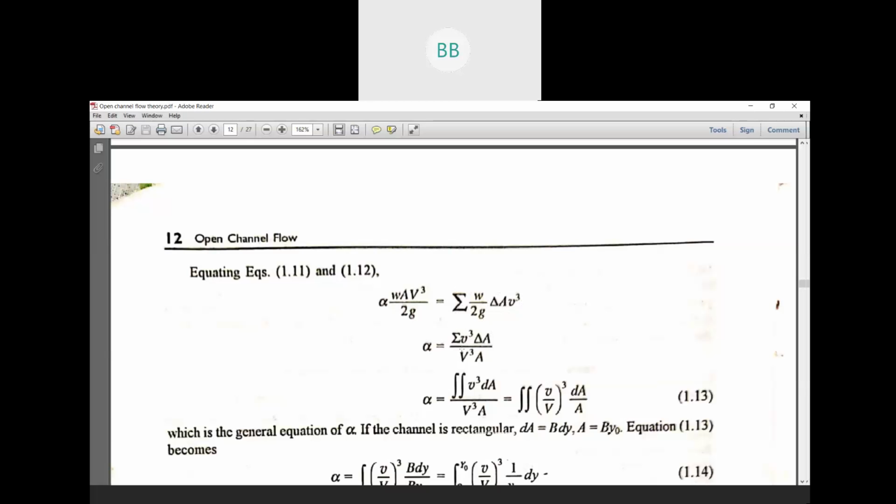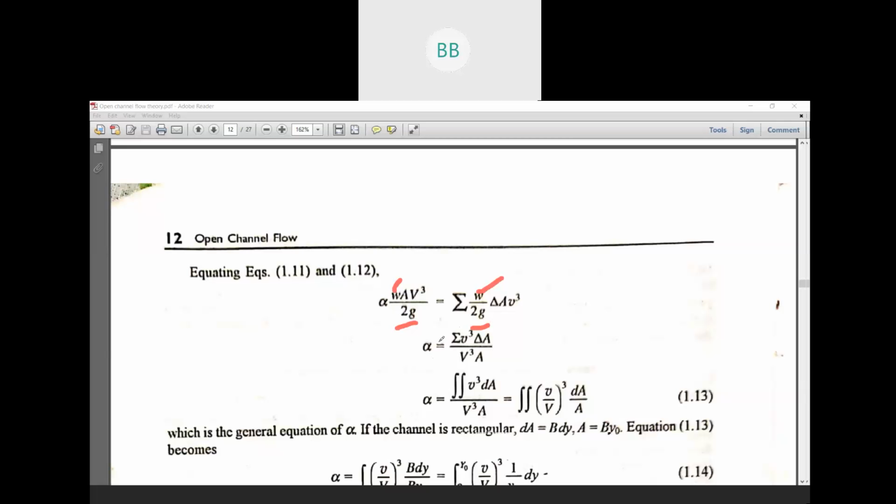That summation or integration is the same, so we can replace the summation by integration. Here the specific weight and this specific weight will be cancelled out. Twice g and twice g will be cancelled out.